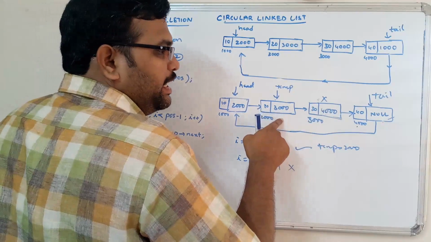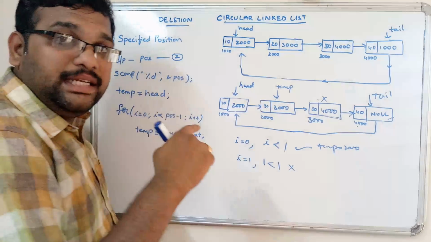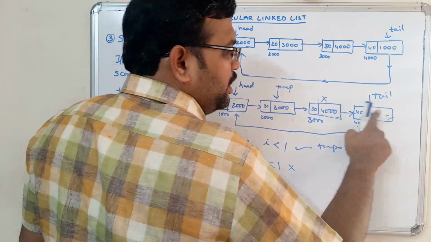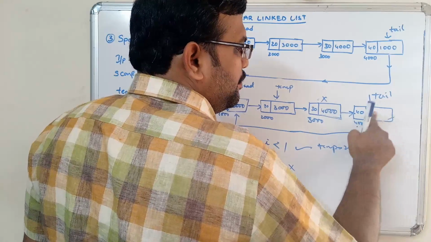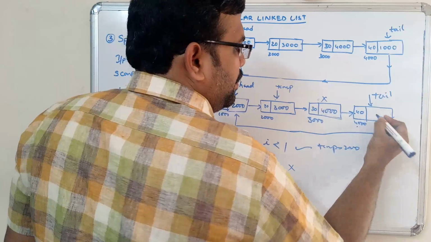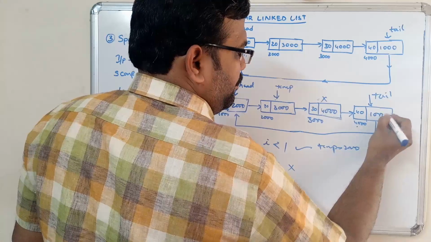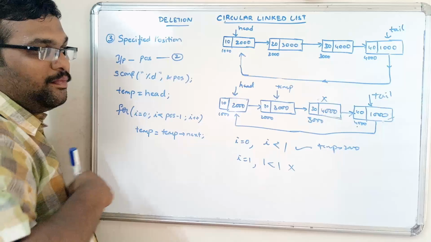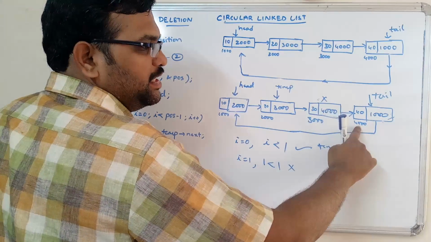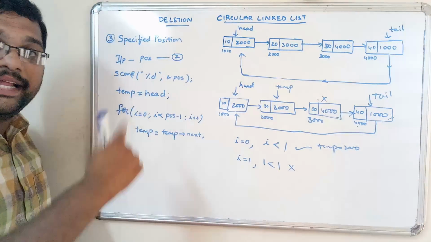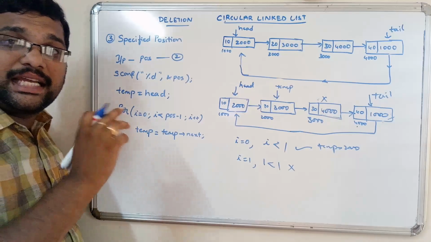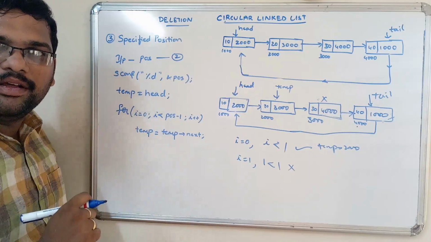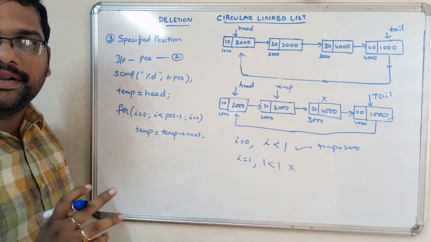Here, what we have done in the single linked list, just we are placing the address of the next element. We are just skipping the middle element, the positioned element. We are skipping the positioned element, right?